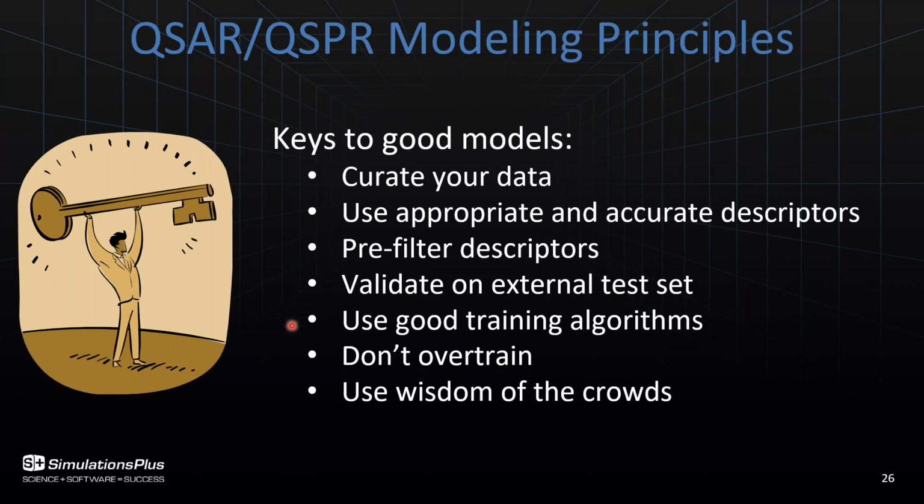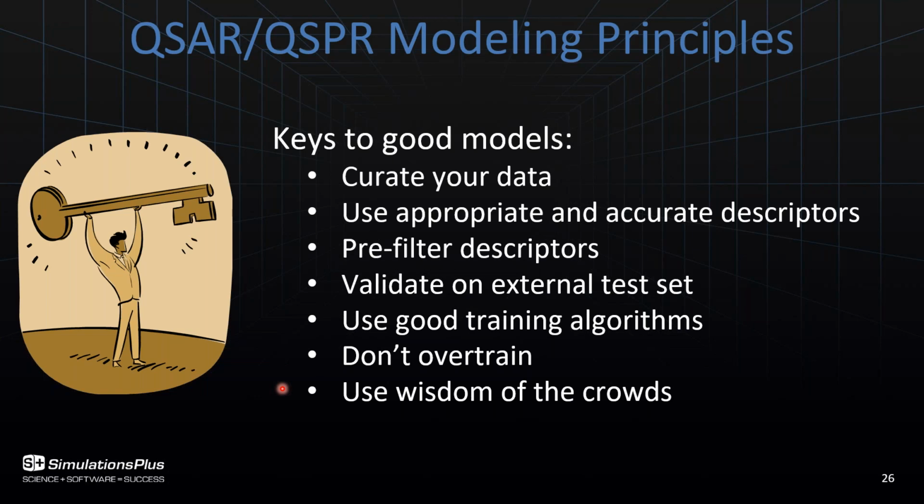We use good training algorithms, which we've focused on artificial neural network ensembles. We don't overtrain, so part of the algorithm is called an early stopping algorithm, and it avoids overtraining. So in our models, you will never see where the training set has perfect statistics and the test set has not so perfect statistics.